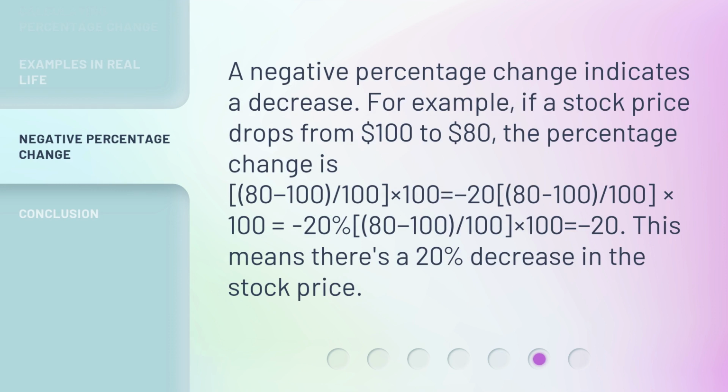For example, if a stock price drops from $100 to $80, the percentage change is (80 minus 100) divided by 100, times 100 equals minus 20%. This means there's a 20% decrease in the stock price.